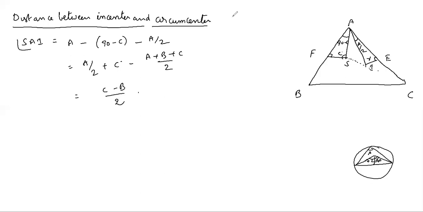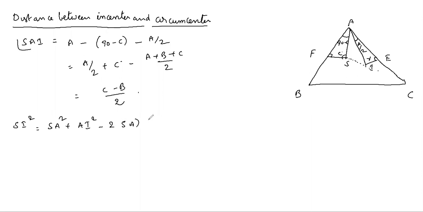So same, you can apply the cosine rule. So SI square equals SA square plus AI square minus 2 SA AI into cos of angle C minus B by 2.